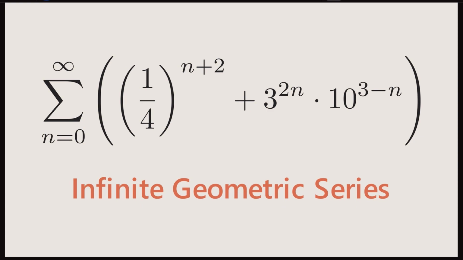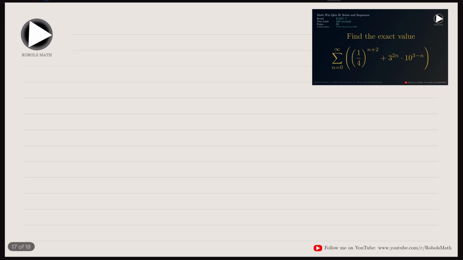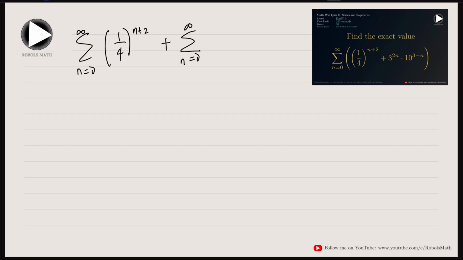Note that if you look at the terms, we can split the sum into two by splitting around the plus sign. So we have here the first one as the sum of 1/4 raised to n plus 2, plus the sum from 0 to infinity of 3 to the 2n times 10 to the 3 minus n.